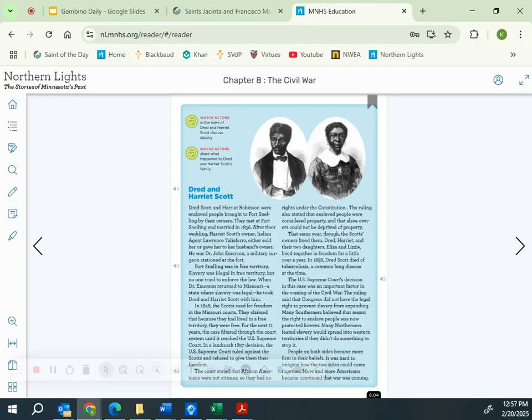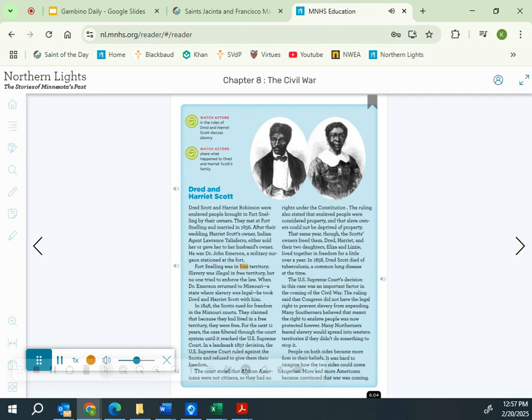Not yet. There's no slavery in Minnesota. There never has been, and there never will be. So they came from a state where there were slaves. They were brought up to Fort Snelling, and now what happens? So we're going to see what the Supreme Court rules in the Dred Scott court case.